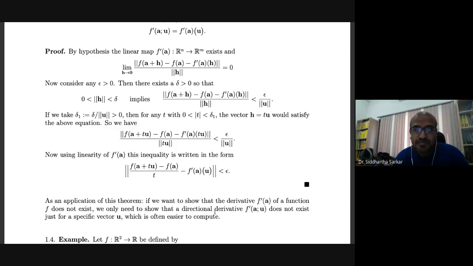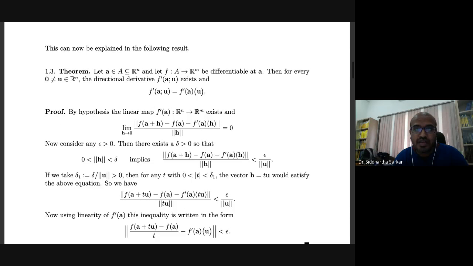So first of all, this says that the existence of directional derivatives from all directions, whether the function would be differentiable or not, the theorem actually doesn't say anything. It actually says something about the converse of this. So you need the differentiability to happen, and only then can you guarantee the directional derivatives exist.